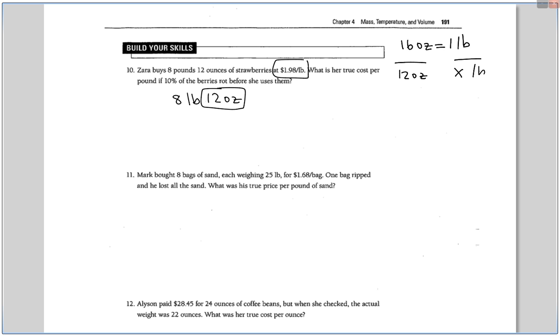So 12 ounces is X pounds, cross multiply. 12 divided by 16 should be like 3/4 or 0.75 pounds. So let's put that right here. You have 8.75 pounds. You lost 10%, so times that by 0.10. So this is lost, so you need to subtract that.